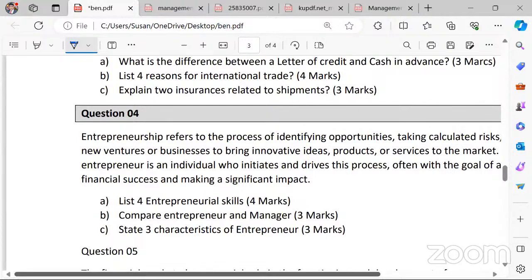What are the characteristics of an entrepreneur? Entrepreneur is innovative, he has a vision, creative, he has self-confidence, perceptive, self-motivated, is managing risk.